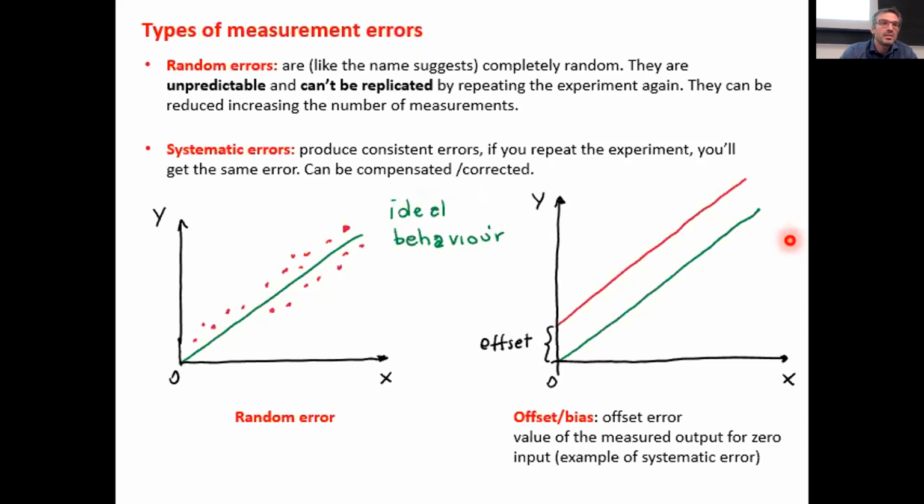So the uncertainty depends on the random errors that are added to the measurement. Random errors can be reduced by increasing the number of measurements and doing an average, for example, or by using a filter.